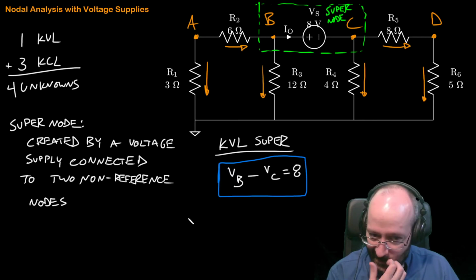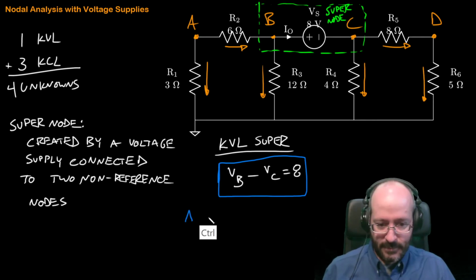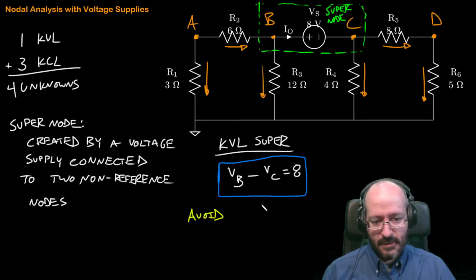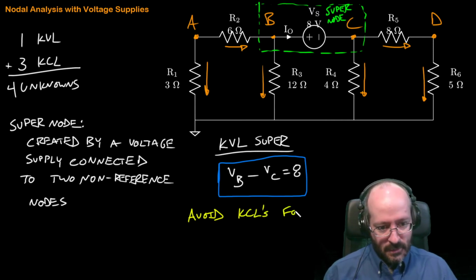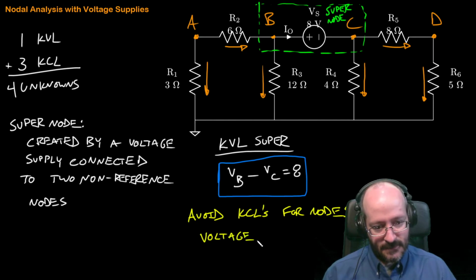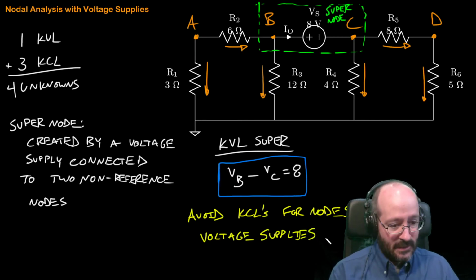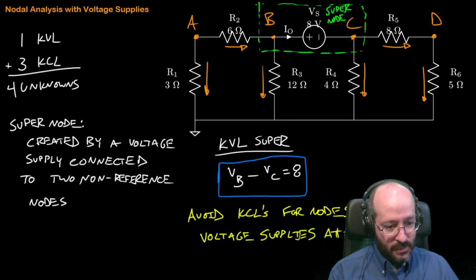What we want to avoid for right now, KCLs for nodes with voltage supplies attached. I'm not saying we can never do it, but when we're trying to find the node voltages, then we want to avoid them.